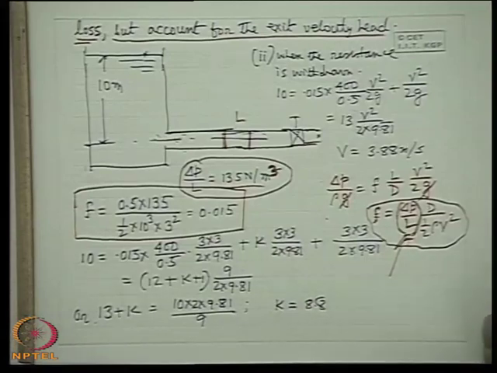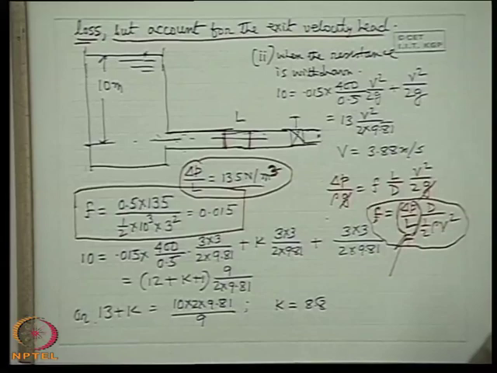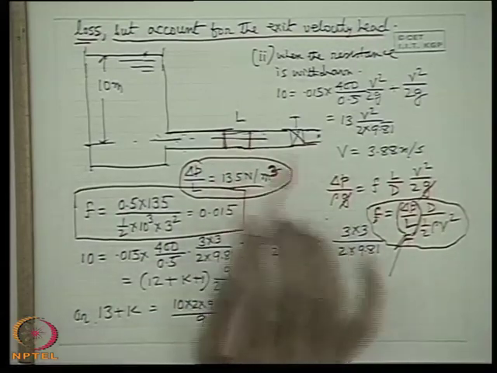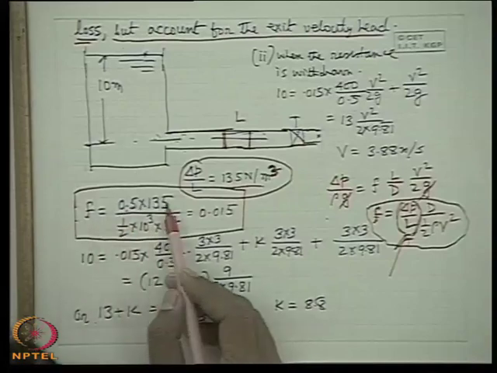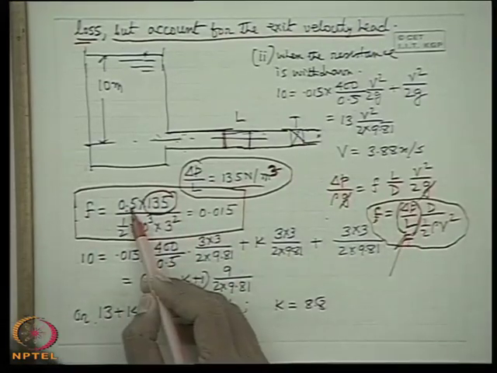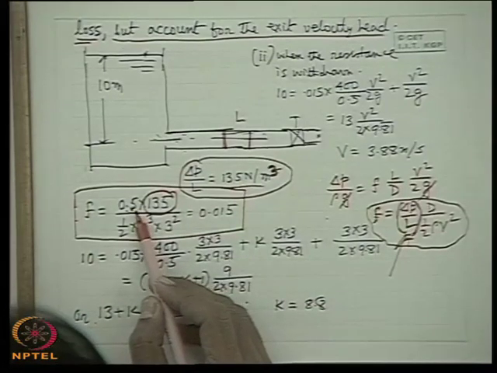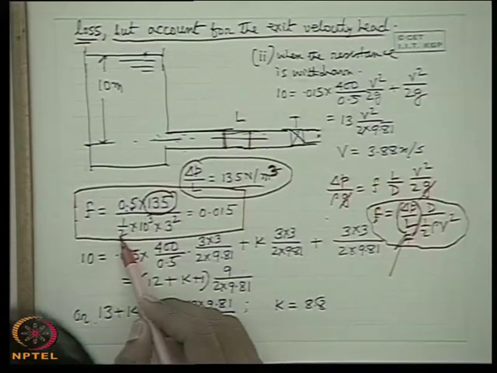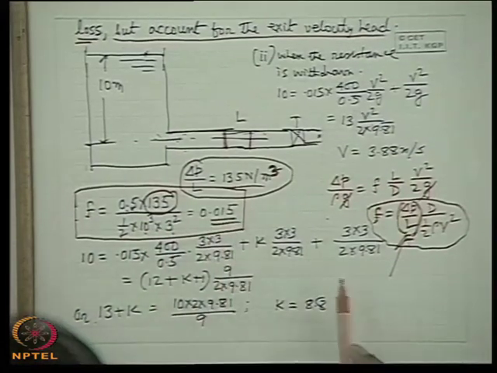This is the simplest form of problem where F can be found simply by this, and no other loss comes into the picture over any length where there is no obstruction. So F is equal to delta P by L into D, where D is obviously 500 millimeter, that means 0.5 meter, by half rho V square. So we get the friction factor straight away.